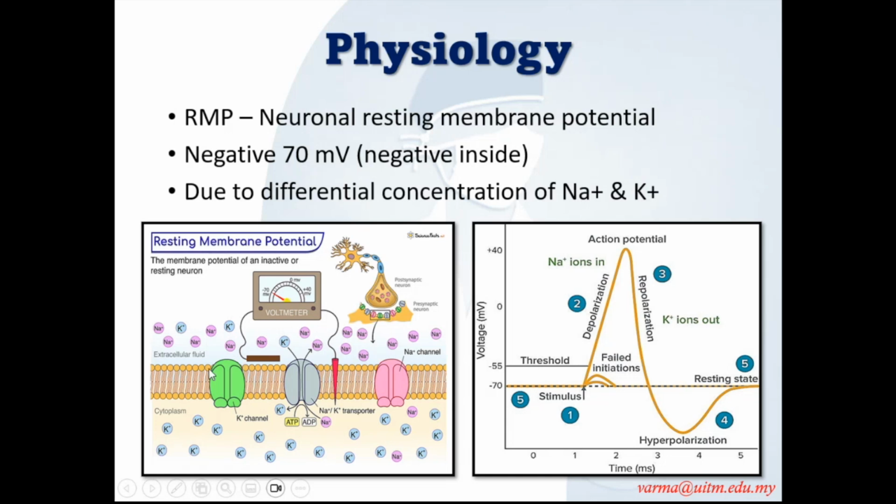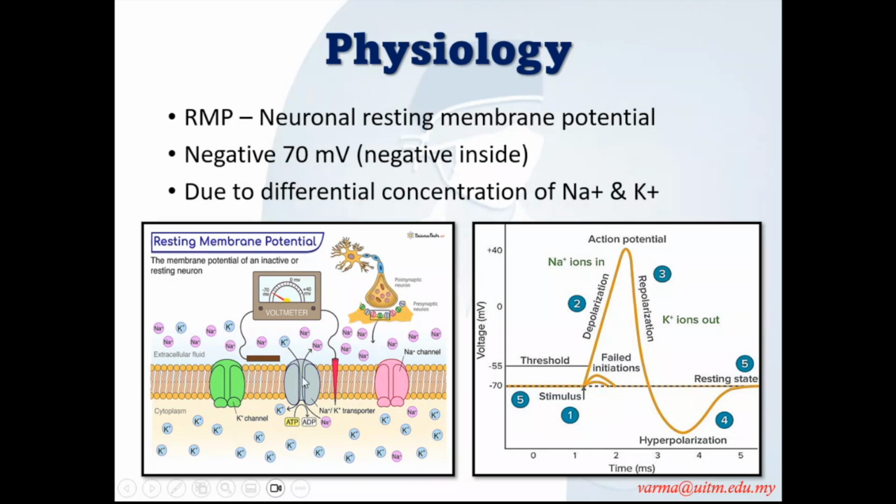At rest, your potassium channel can slowly leak potassium outside, but this does not occur at a very large rate because it is opposed by the anionic protein component intracellularly as well. It's okay, don't confuse that much.